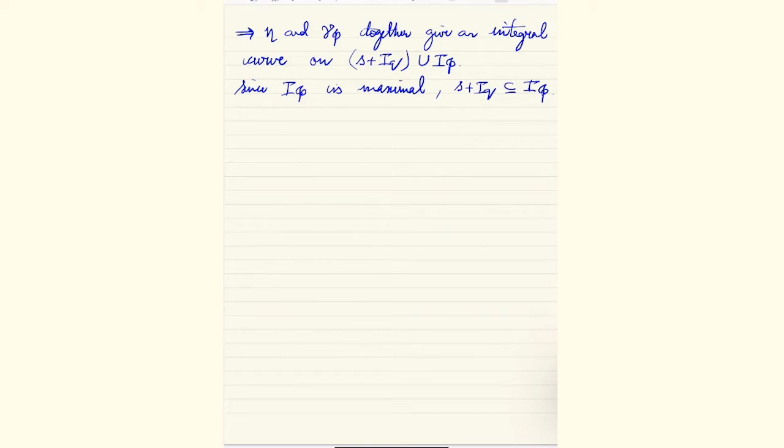Notice that for T in IQ, gamma P of S plus T is eta of S plus T. But this is, by the definition of eta, gamma Q at T. So that's also what we wanted to show.